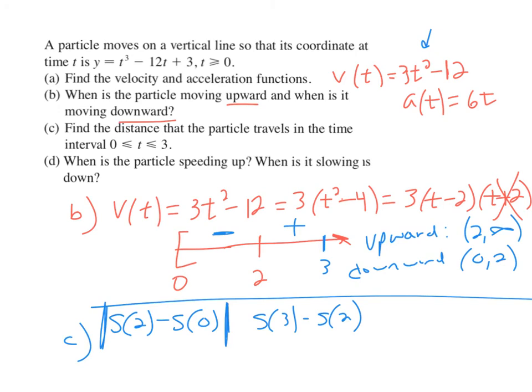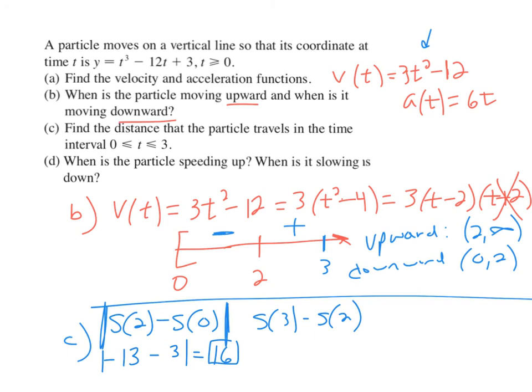So if I sub in 2 for my position function, looks like I get negative 13 minus, if I sub in 0, I get 3. And so I want to treat that as, instead of negative 16, as positive 16 distance.